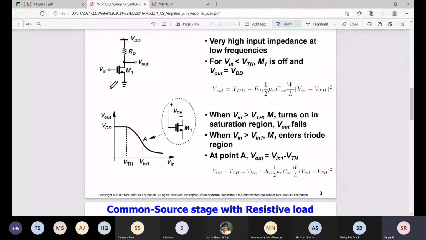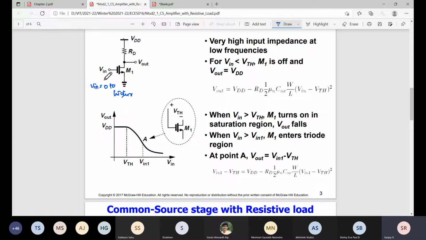So first we'll start with the large signal model. I'm varying Vin from 0 to a higher value.